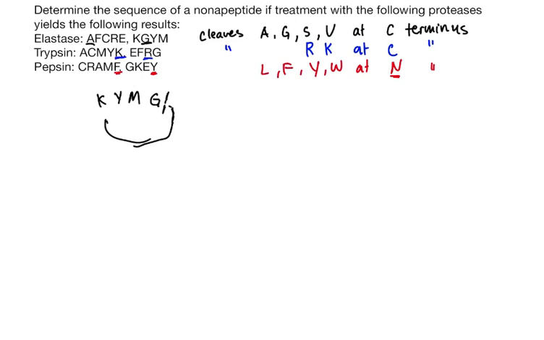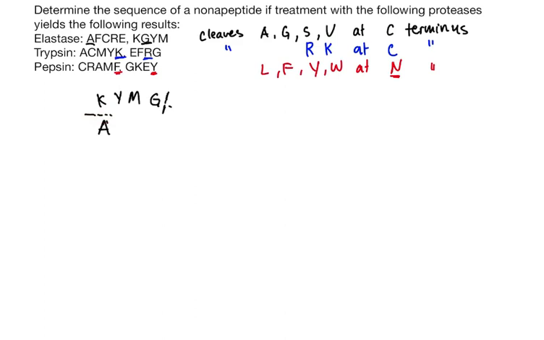Being on a circle would necessarily mean that your alanine should be cleaved off somewhere over here. So for you to form that tetrapeptide, alanine has to be cleaved off over here because this is the C terminus of alanine.